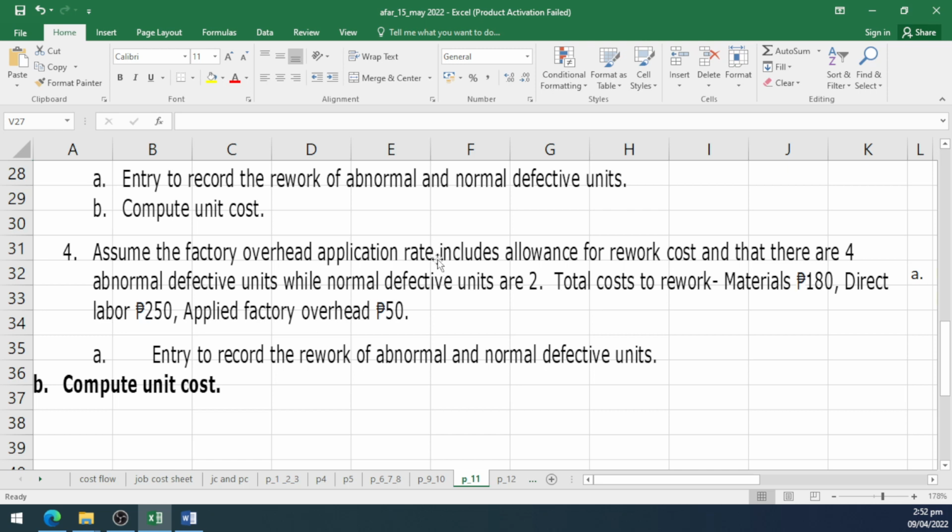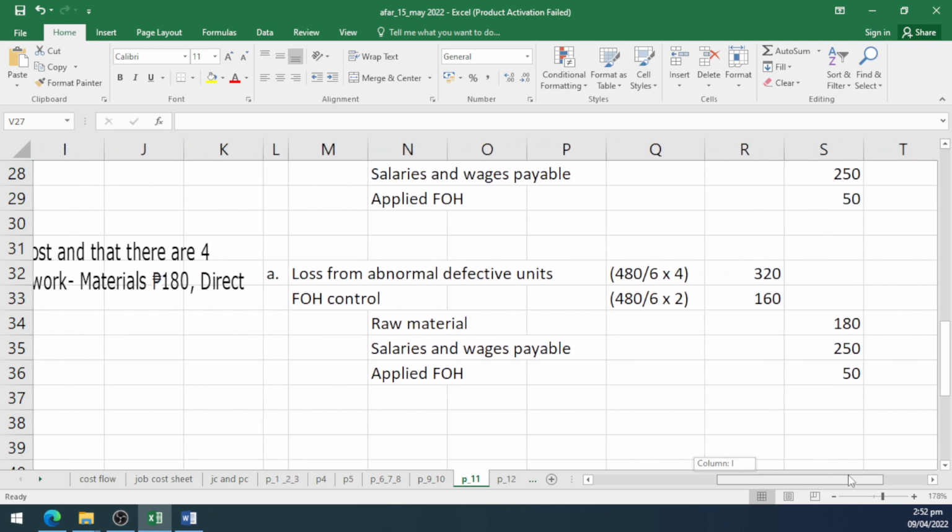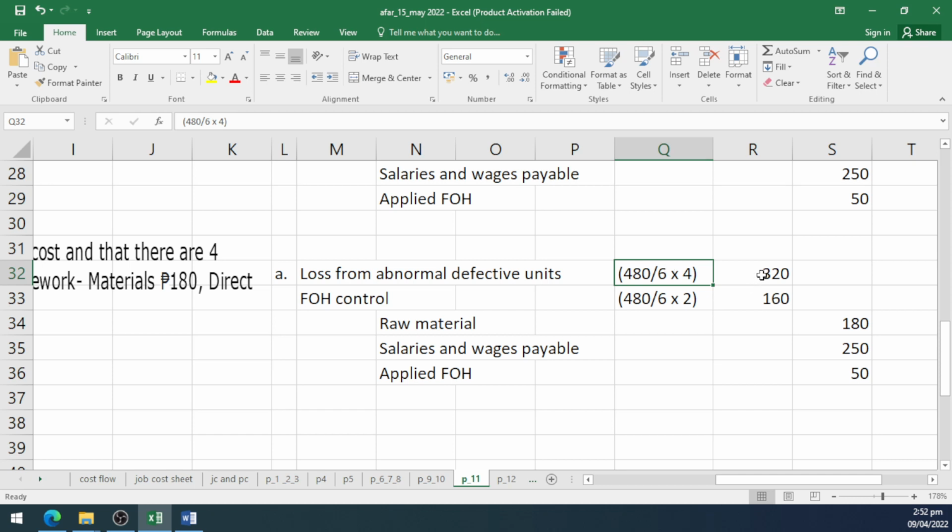Assume that overhead rate includes allowance for rework and that there are 4 abnormal and normal defective units are 2. Entry to record rework of abnormal and normal and compute the unit cost. So, for the normal, abnormal, pareho lang naman eh. Ngayon, yung rework cost for the normal, dahil naka-charge na yung work in process dati, nung nag-apply tayo, yung kasing overhead rate, it includes allowance for the work. Ibig sabihin, lahat na ng jobs dyan, ina-applyan ng allowance.